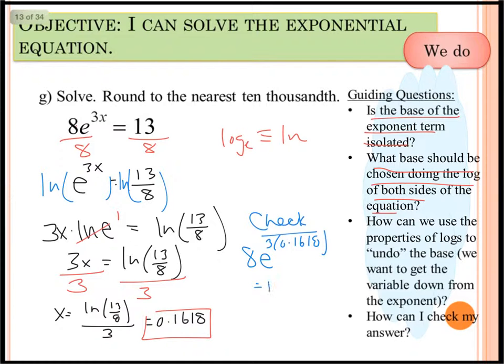I actually got 12.9986, with some other decimals I just rounded to 4. So that's close enough. That number that's not exactly 13, that's because we rounded our answer for x earlier. So it's not going to turn out perfectly, but that's enough to confirm that we got the correct answer.